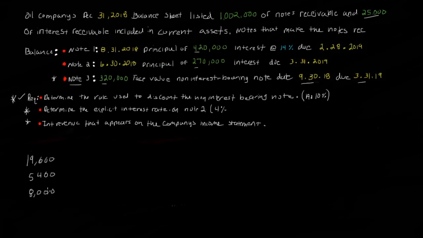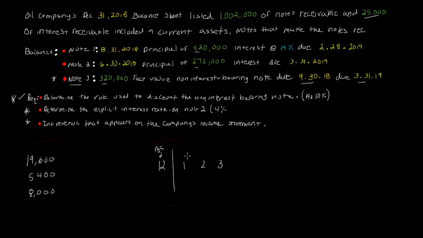Before you guys say anything, we cannot include the whole $16,000 on this note because this is as of December 31st. Whatever happens after 12, the balance sheet date right here, we have 1, 2, and 3 months that this note is due.